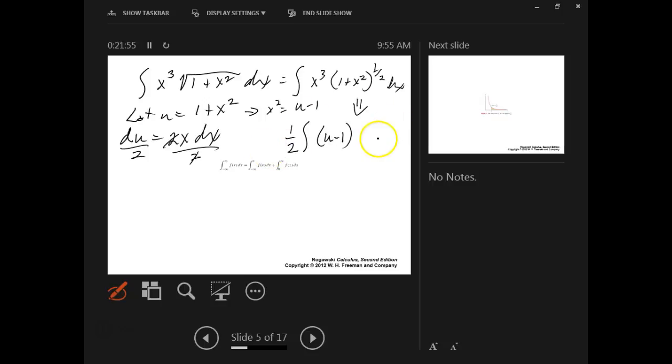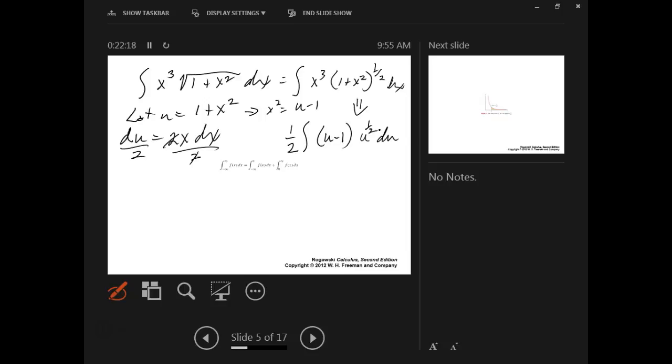I already put the 1/2 out. I got the du here. There's no other meat. u to the 1/2. Okay. Right?